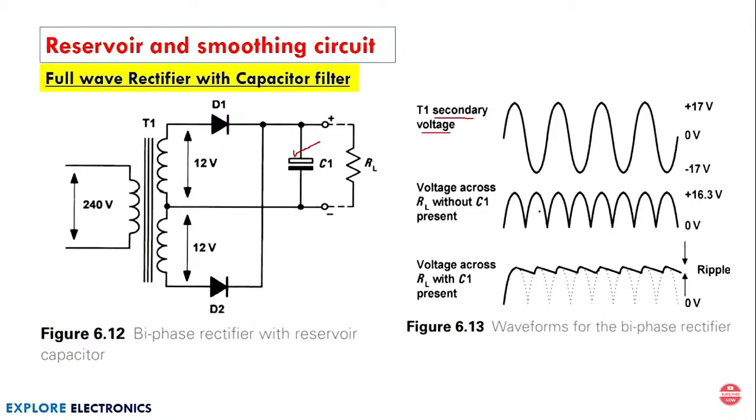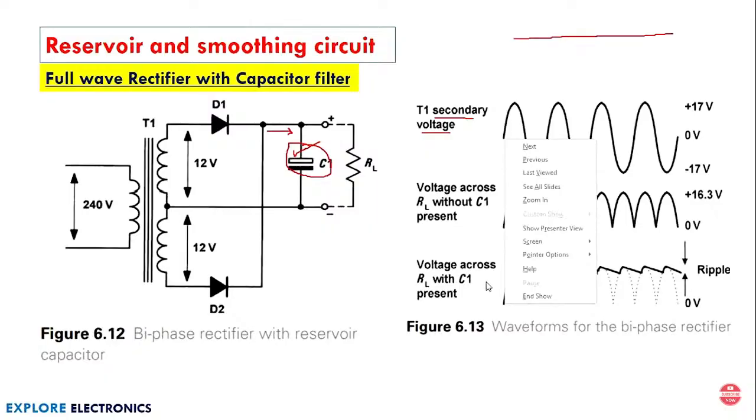So we need to reduce this AC component and get the DC voltage something like this, a steady output. To reduce this AC component, we are going to connect this extra capacitor C1. When the current starts to flow in this direction, in the positive half cycle of the input and also the negative cycle of the input, the capacitor will charge to its peak value.